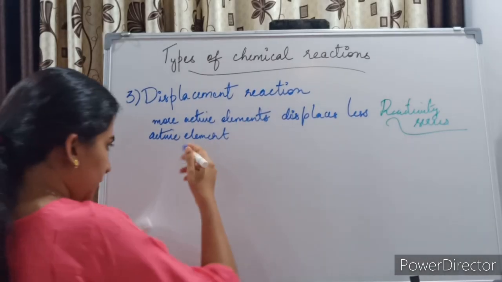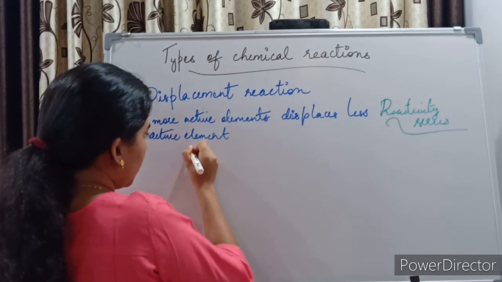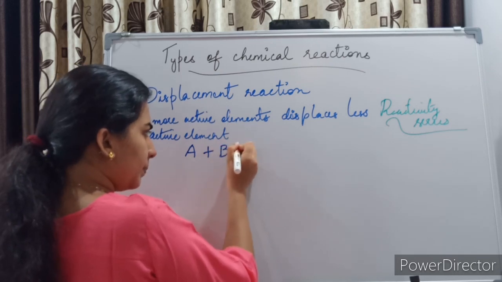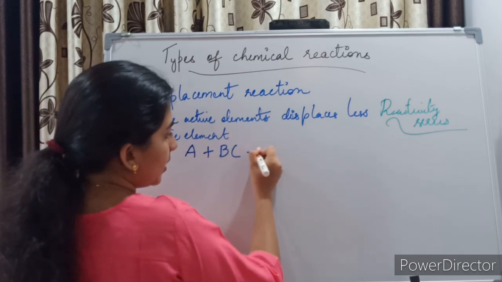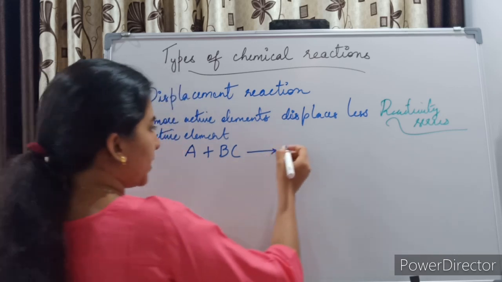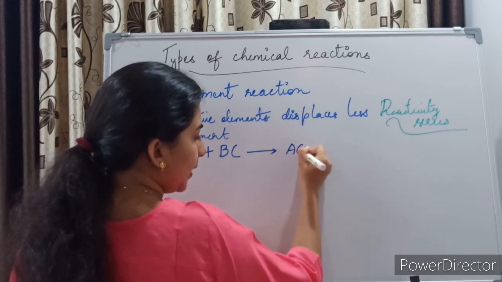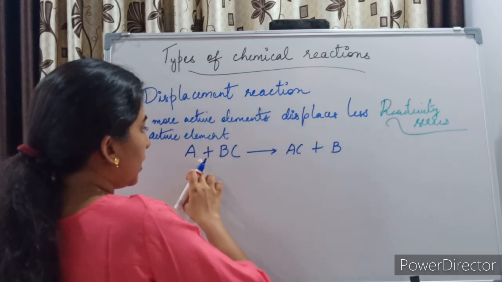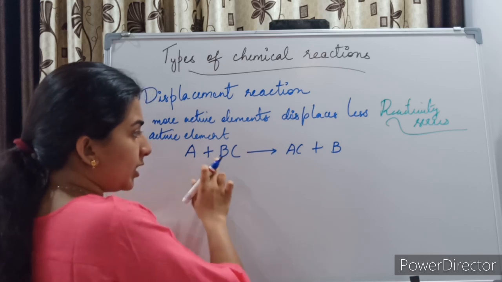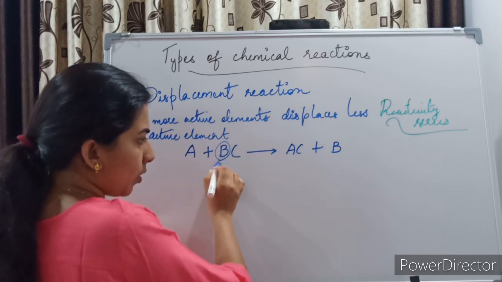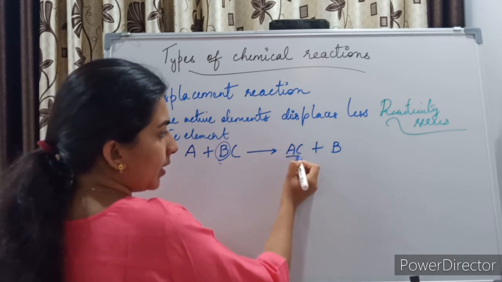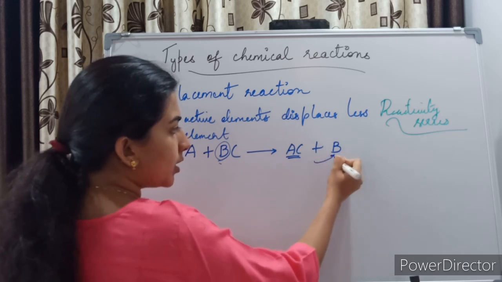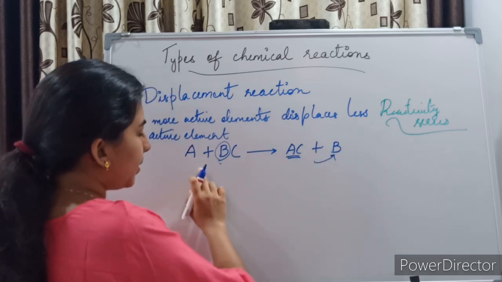In the general equation, consider a reactant A and another reactant BC. When both react, we get AC plus B. That is, A displaces B from this compound, forms AC, and throws out B. Did you get me?